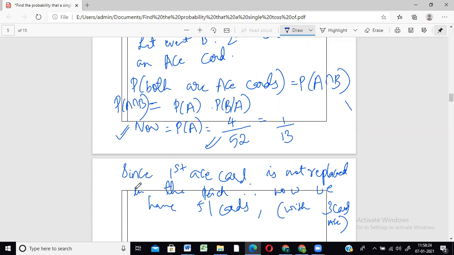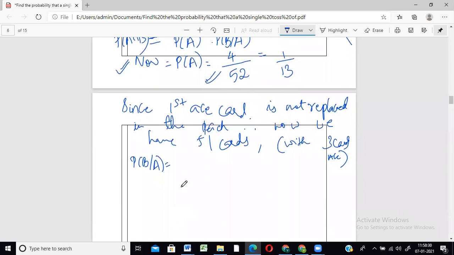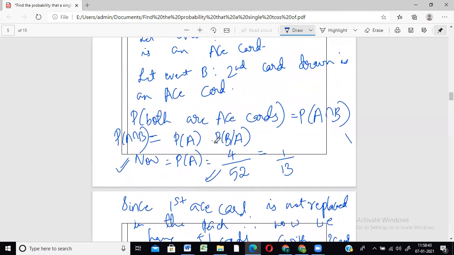That is what it means. So we are going to find this, B such that A. This is again the same. What is its sample space? Now we only have 51, correct? Out of 51, how many ace cards are we talking about now? So that will be 3 by 51, like how we wrote here. Initially the total number of cards was 52, and the ace cards were 4, because of 4c1, so that is 4 by 52.